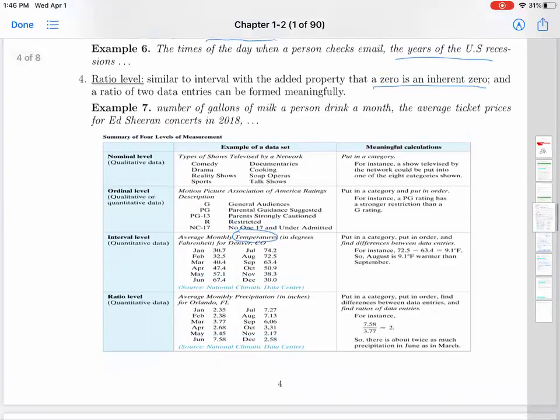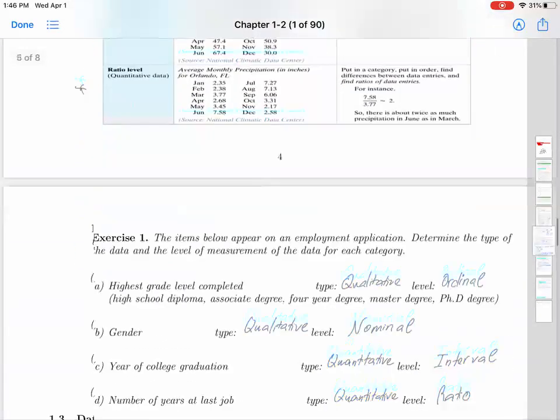Right. And here is a table that provides a summary of the 4 levels of measurement with examples of data sets and some meaningful calculations that you can look at. Now let's do an exercise.